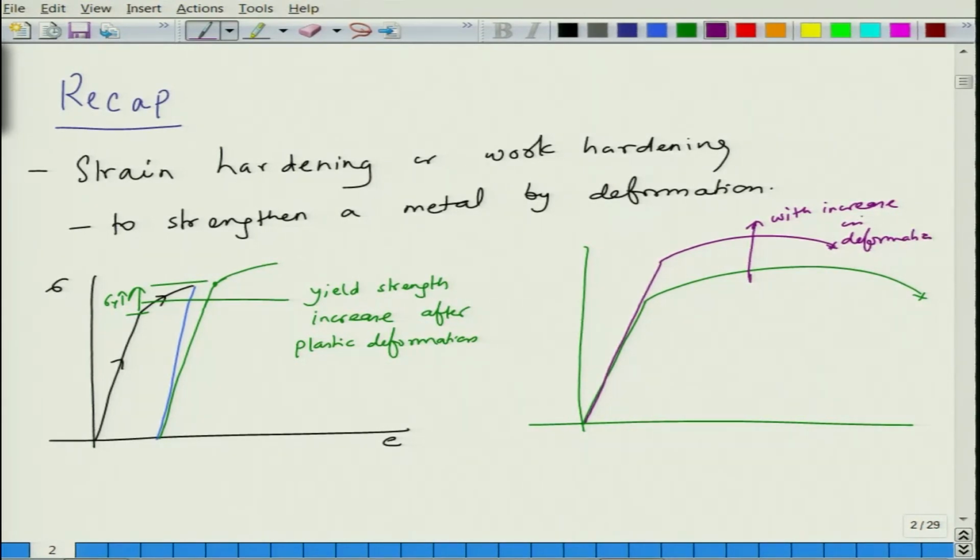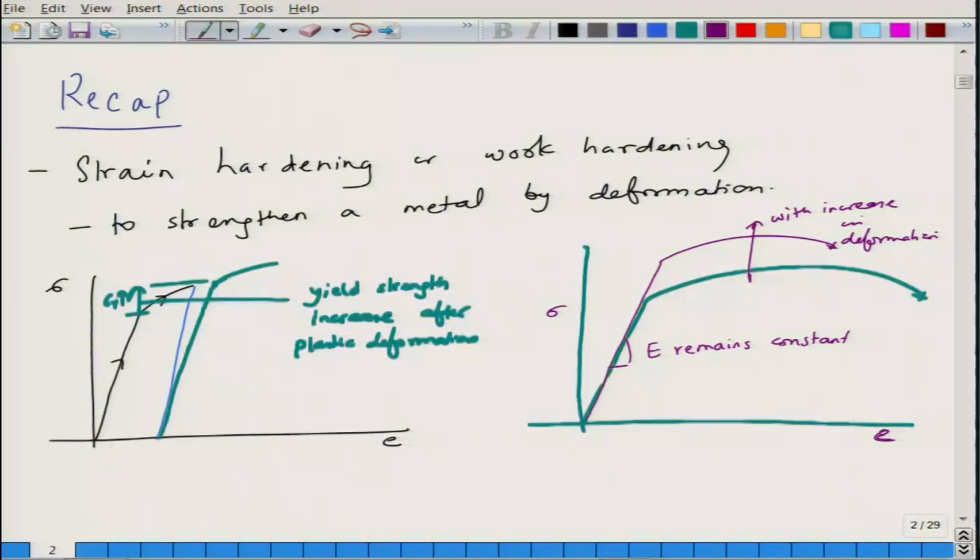The yield strength changes, but the modulus E remains constant because we have not made any change to the material's composition or temperature. By strain hardening you make the material stronger by increasing its yield stress, but you also make the material less ductile. So, the total strain shown by the material is also lower.